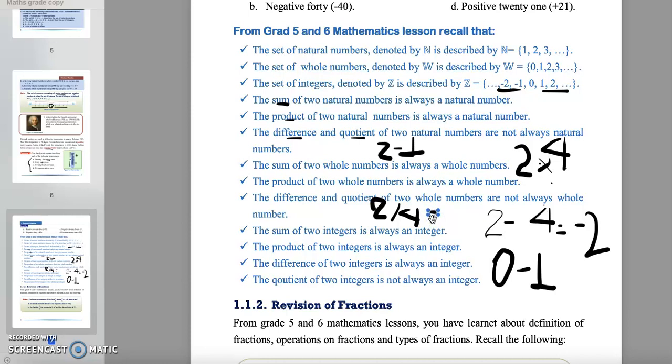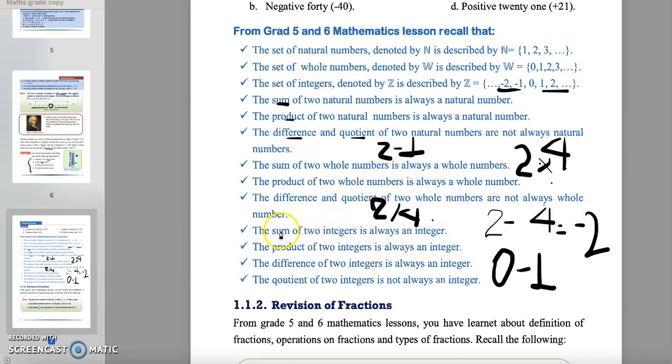So 0.5 is not a whole number, and it's not a natural number, so it's not an integer as well. So it's a rational number. In this case, we need to study the rational numbers. So this is why we needed to include rational numbers in our lessons.